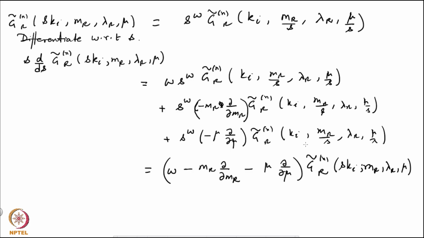So you get this factor in each of the terms, and that is what I have collected into the left hand side of this. Okay, so that's why you have gn, ski, mr, lambda r and mu, and not mr over s and mu over s. Okay, it's just I have used this relation here again. Okay, so this is what we get.